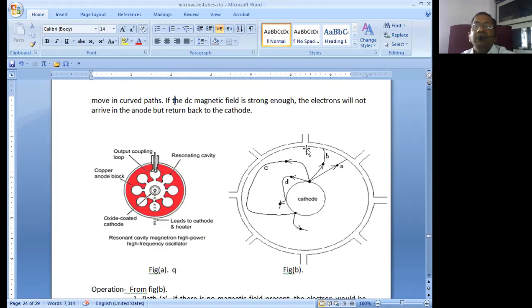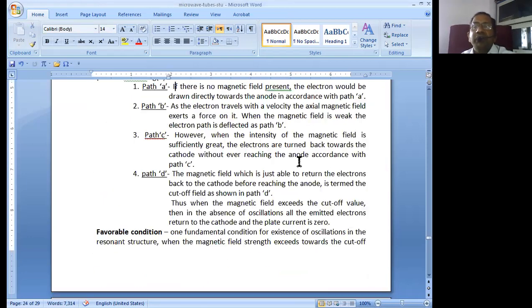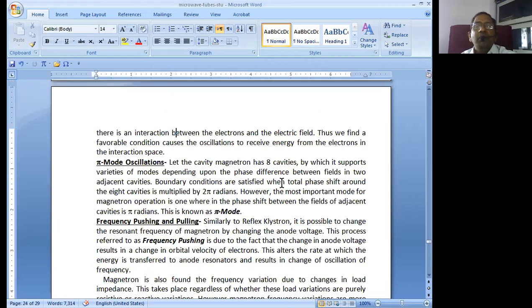The phase of the signal will be different between these two cavities. So boundary conditions are satisfied when the total phase shift around the 8 cavities is a multiple of 2 pi radians. Then we get favorable boundary conditions.